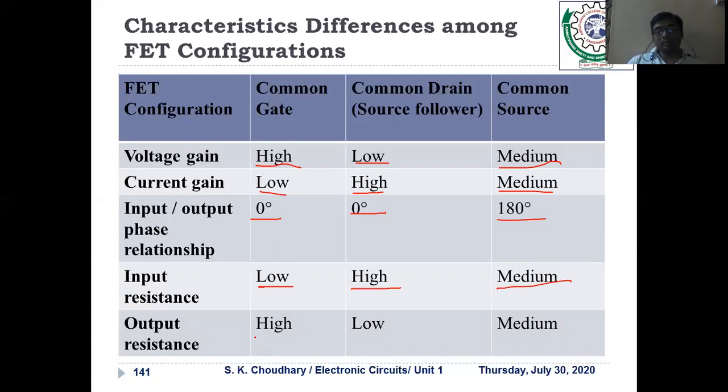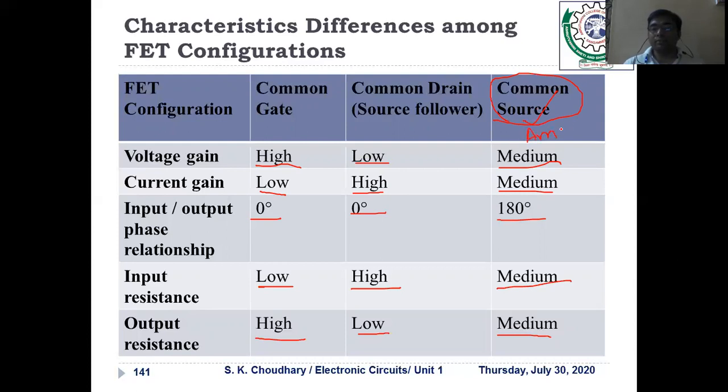Lastly, output resistance is highest in the common gate and lowest in the common drain. Again, in the common source it is medium. If you see all this comparison, in the common source all the parameters are in the medium range, either voltage gain, current gain, input resistance or output resistance. That's why this configuration is best suited for amplifier applications.